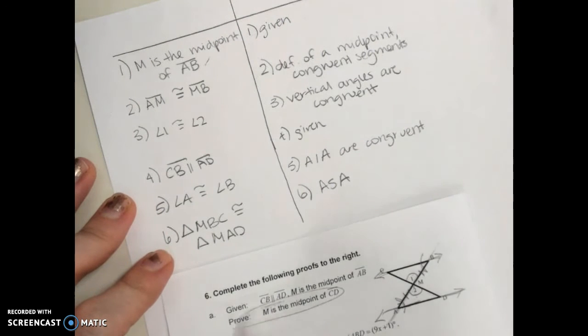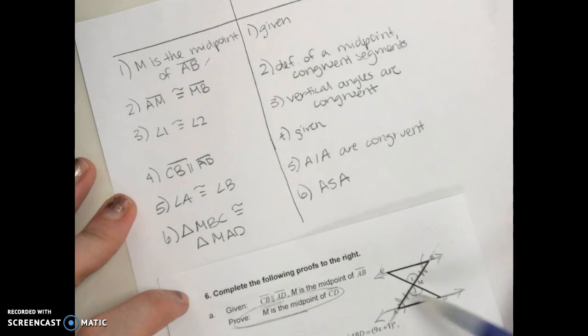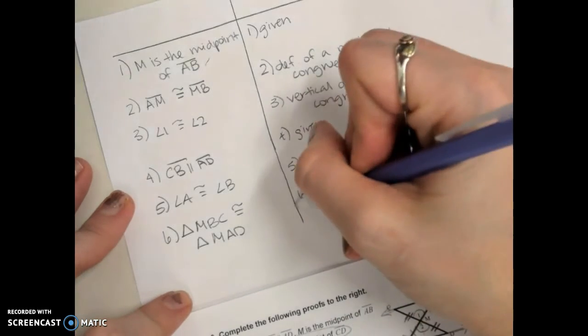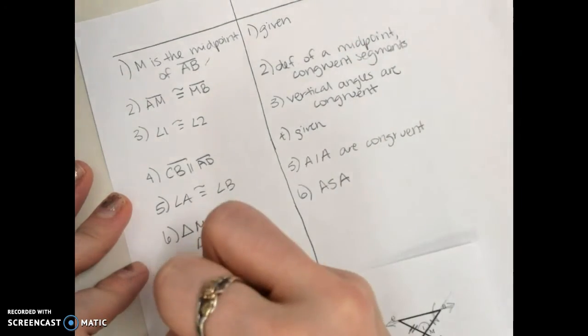So my whole purpose is to prove that M is the midpoint of CD. Because I know a midpoint means that it's in the middle, I need to say that these are congruent to each other. I can say that using CPCTC.